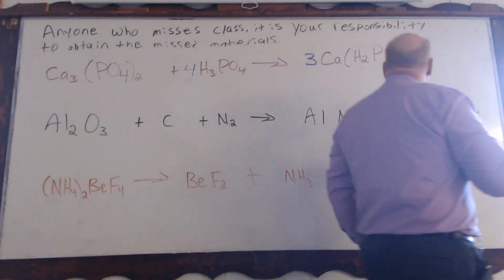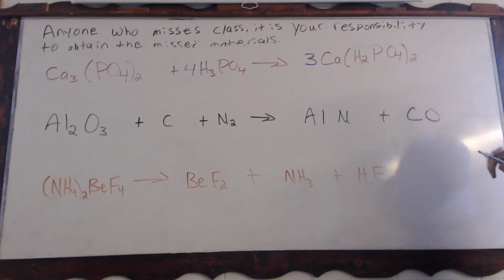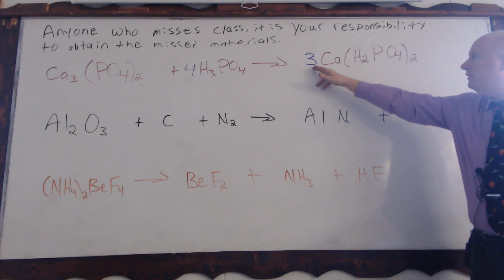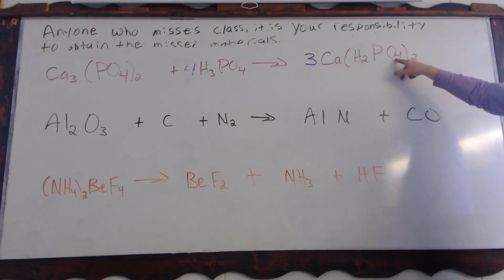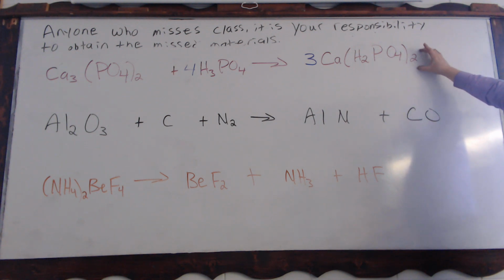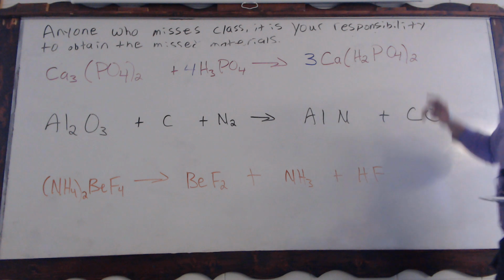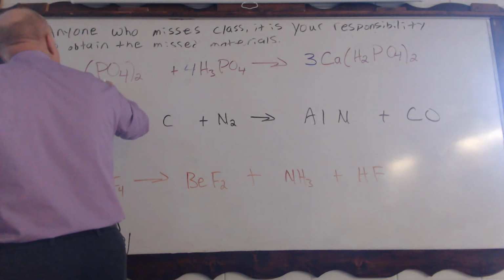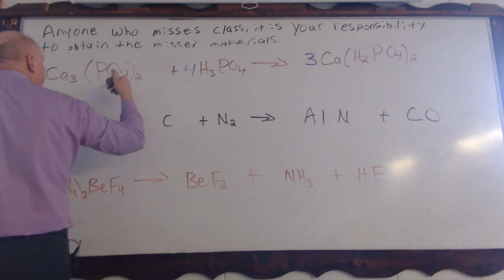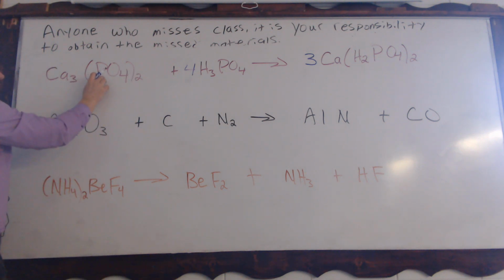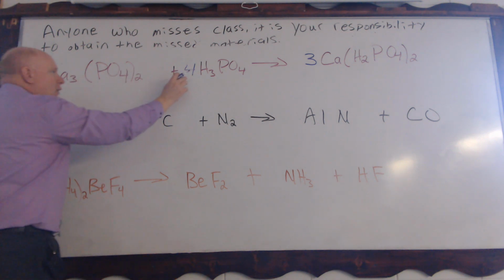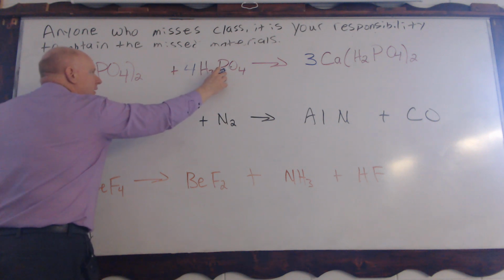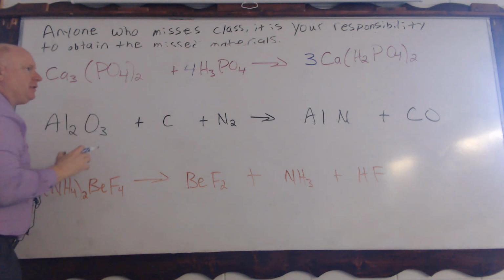Okay, then let's distribute this 3 to our oxygens here. 3 times 4, 12. 12 times 2, 24. Okay, so let's look at what we have so far. We've got 2 phosphorus. And then 4 times 1, 4 plus 2 gives you what?